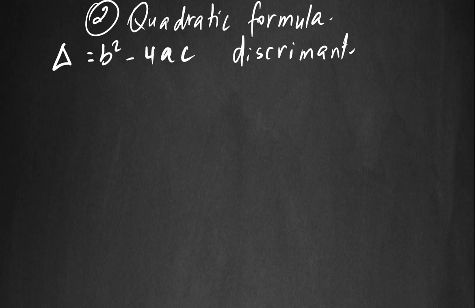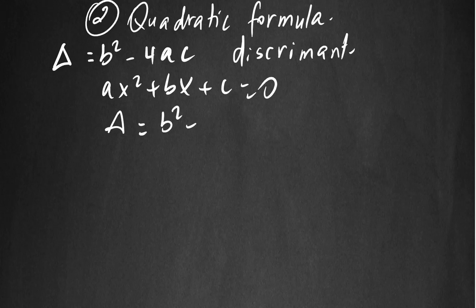With this discriminant, this is something you should remember if you want to solve it this way. So when you have ax squared plus bx plus c equal to 0, you just calculate delta, b squared minus 4ac.